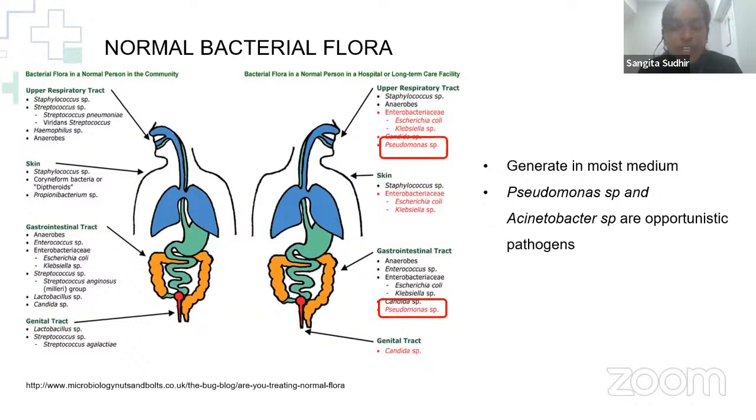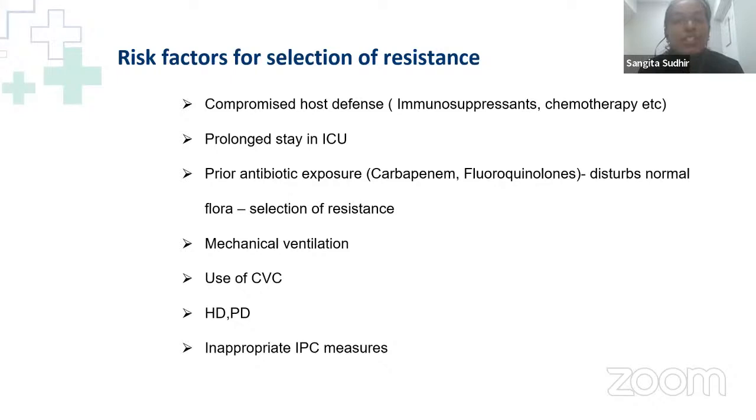So both of them have the ability to thrive in a moist medium. So whenever the patient is immunosuppressed, for example, when they're taking an immunosuppressant or after chemotherapy, or the patient has undergone surgery, after prolonged hospitalization, antibiotic exposure, or has a medical device in situ, like a ventilator or suprapubic catheter, or there is a breach in infection prevention and control practices, these thrive in a moist medium and have the ability to invade.